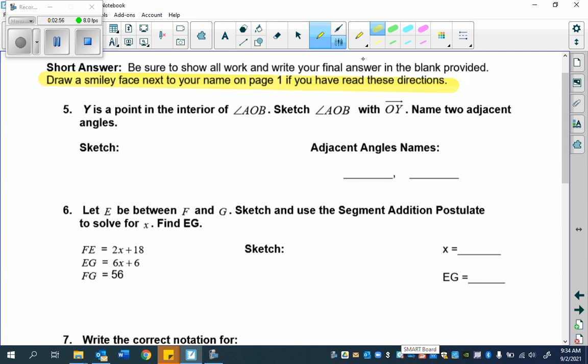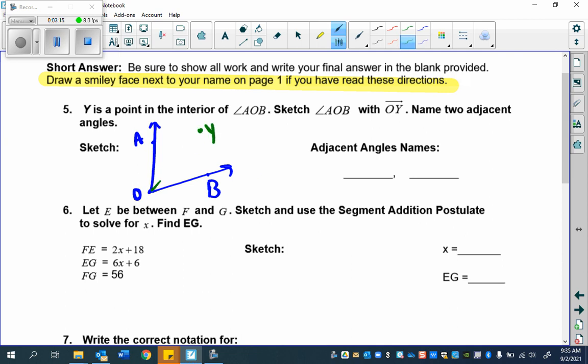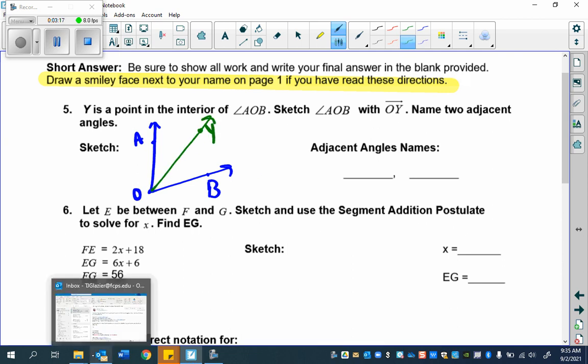Great job. All right. Y is a point in the interior of angle AOB. So we'll go ahead and draw an angle, and we'll call it AOB. And I know that Y is a point in the interior, which means that when I draw ray OY, it looks like that.